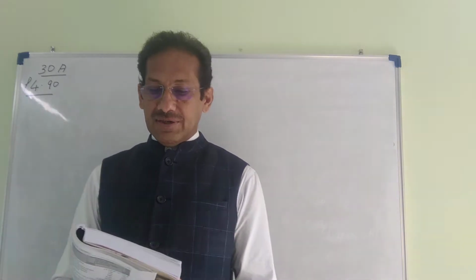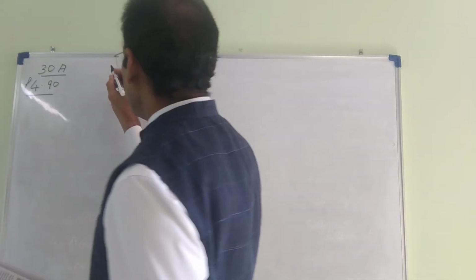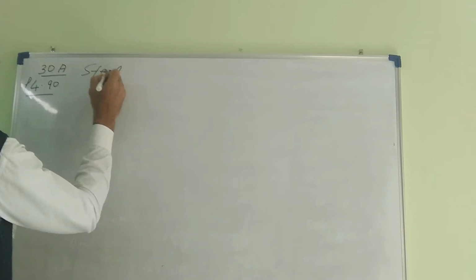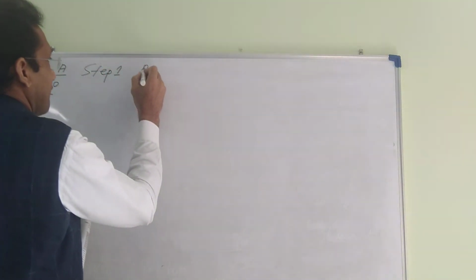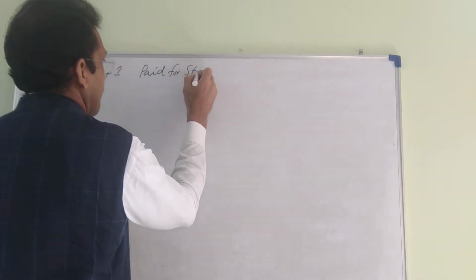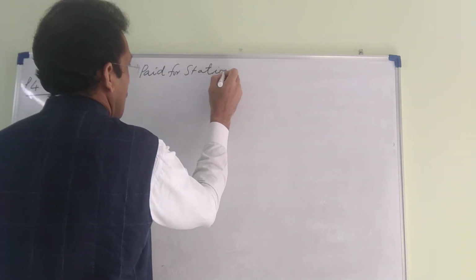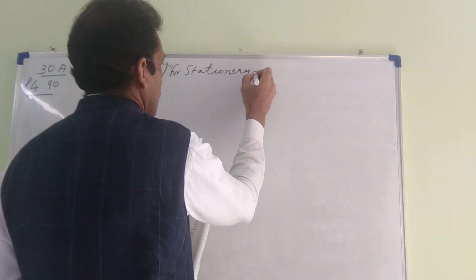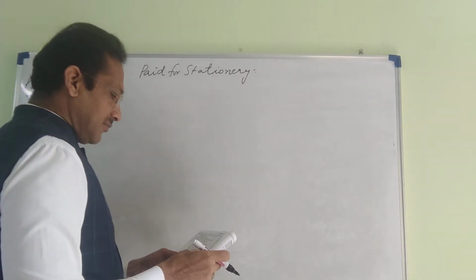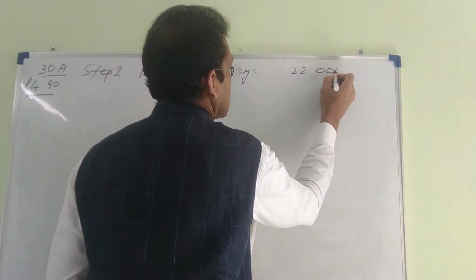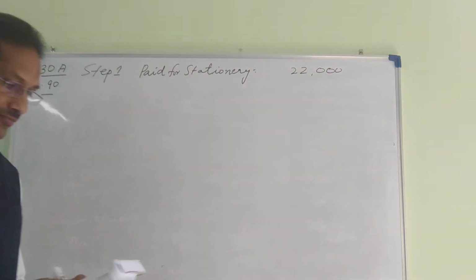Paid for stationery. Step 1. How much have we paid for stationery? 22,000 rupees.